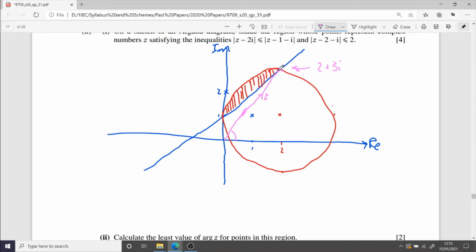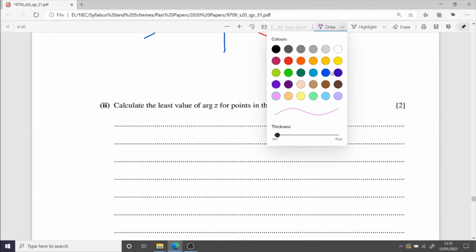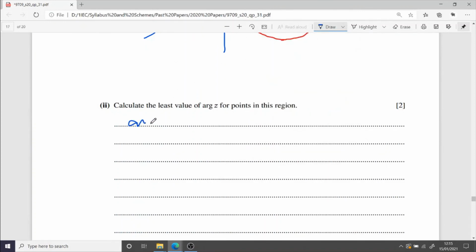And all we want to find now is the argument of this number. So the argument of 2 plus 3i. Okay, and the argument of 2 plus 3i is arctan of the imaginary component divided by the real component.